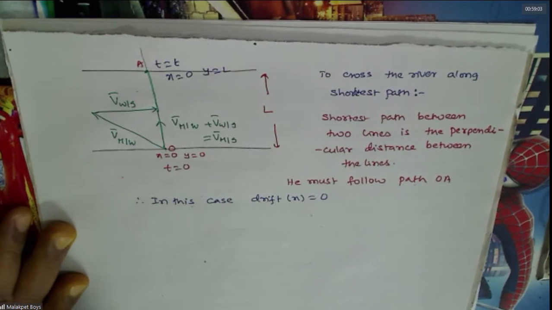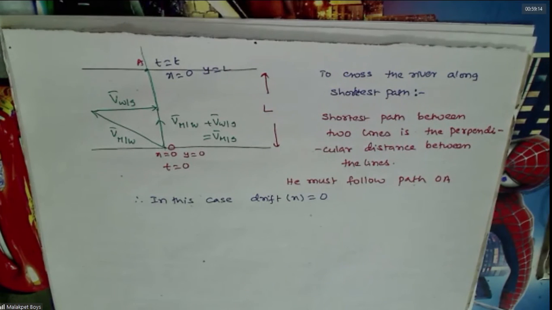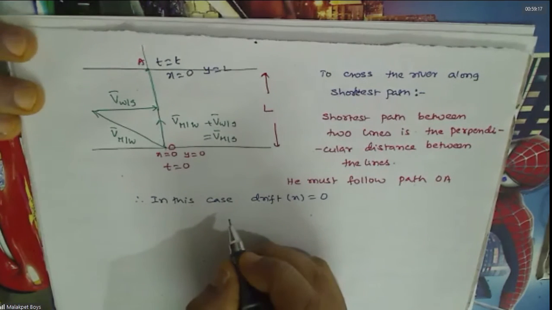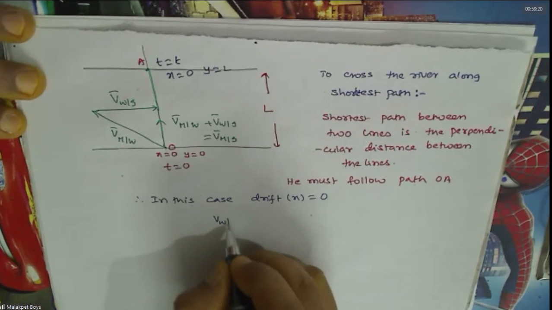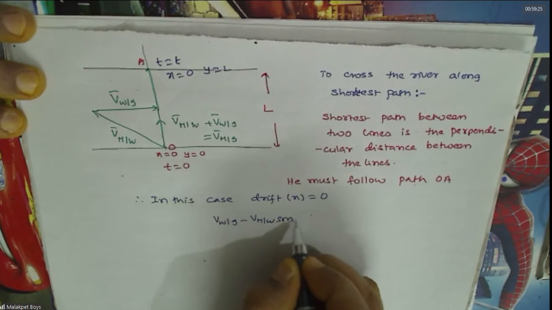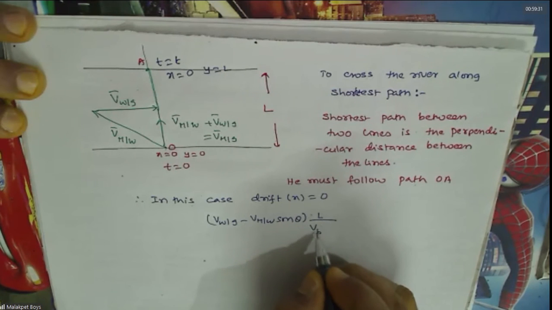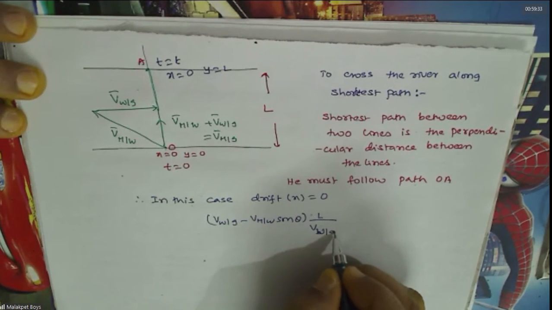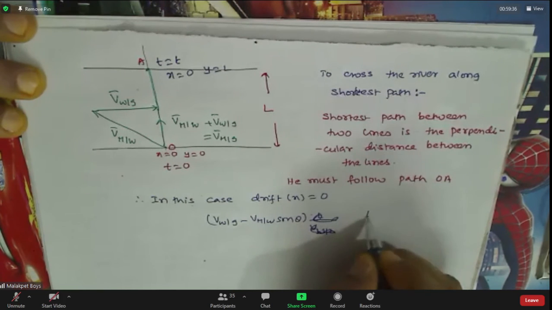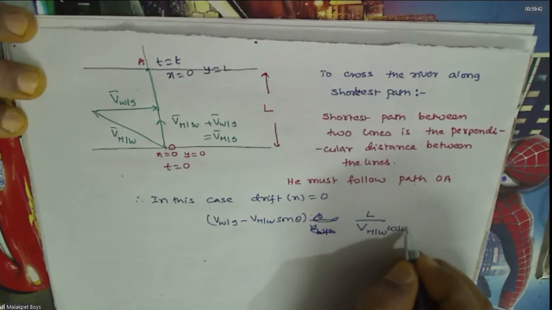Now what is the value of x? Already you got it, remember? It must be 0.